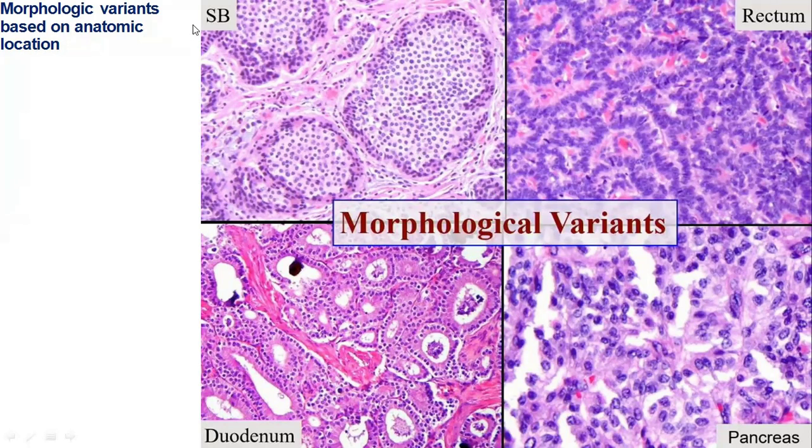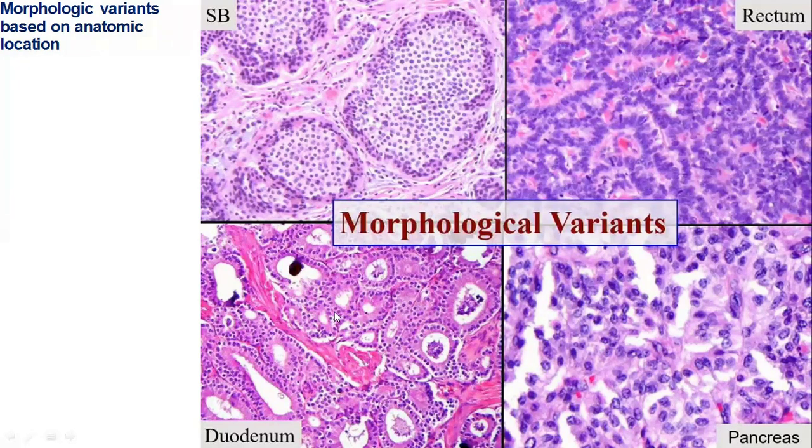anatomic locations. In the small bowel, they commonly form a large nested type of architecture. In the center, we have loose small cells which are commonly surrounded by eosinophilic palisading cells. In the rectum, they commonly form a trabecular or insular pattern with pseudostratification of the nucleus.